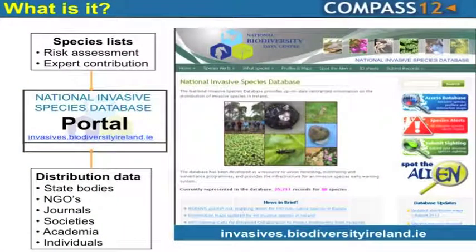So in light of this, the National Biodiversity Data Centre in 2008 established a National Invasive Species Database. The aim was to establish a centralised source of distribution data on invasive species in Ireland. Currently, there are over 25,000 records of distribution data for 98 invasive species in Ireland.